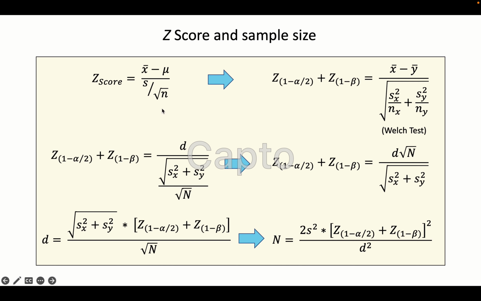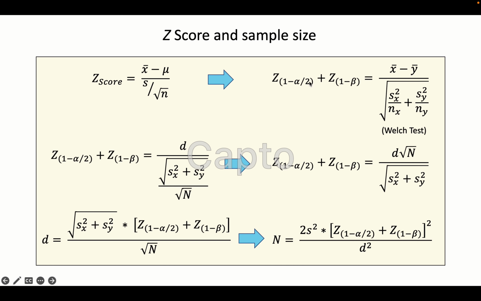So this is a good estimation of the true population standard deviation. Here we have four key components for the Z-score: the mean for the sample, X bar, the true population mean, the standard deviation of the sample, and the actual sample size of the study.